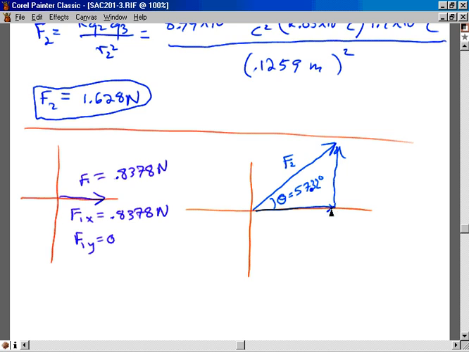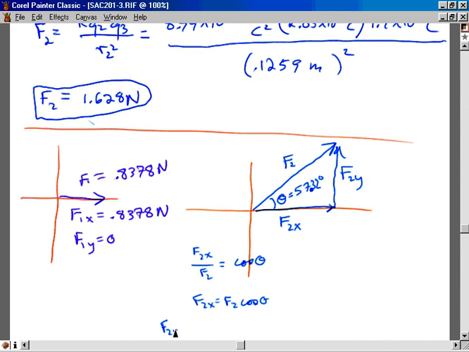There's F2x, F2y. Let's see, F2x over F2 would be adjacent to that angle over the hypotenuse. So that would be the cosine of theta. Or F2x is equal to F2 cosine of theta.